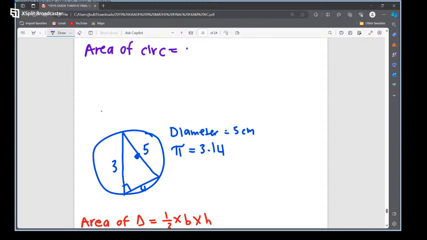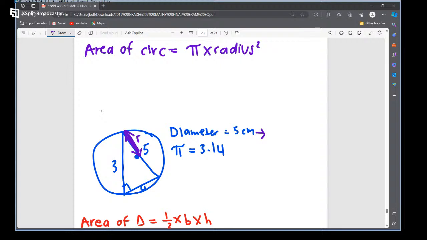Area of a circle is always pi times your radius squared. They told us the diameter is 5. The radius is always half of the diameter. So we've got the diameter here all the way across the circle, so the radius would just be half of that. That would be your radius.